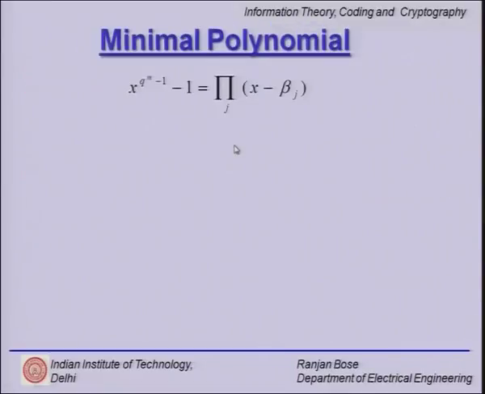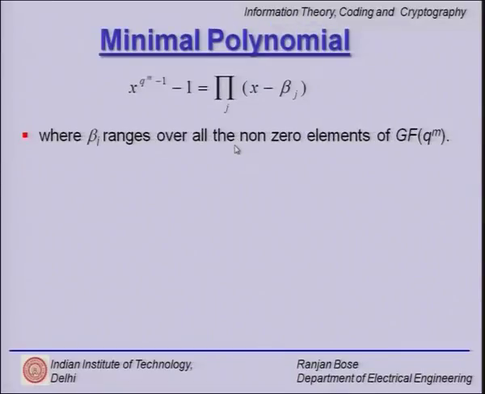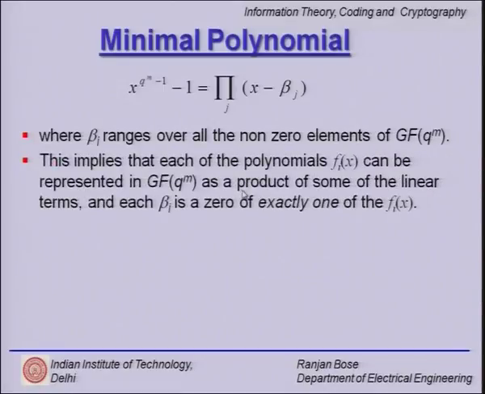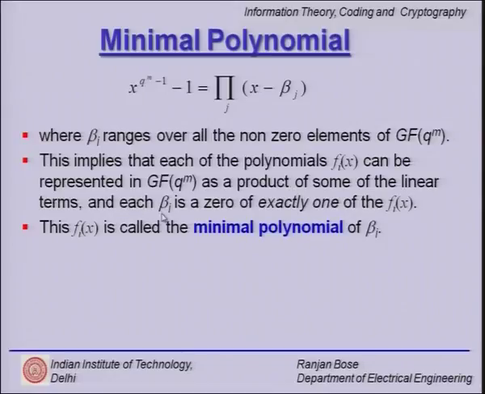Now, what we would like to do is we would like to have the polynomials f_i, which were the factors of my x raised to the power q^m minus 1 minus 1, be some combination of these linear factors, okay, and b_j is a 0 of exactly one of the f_i(x).